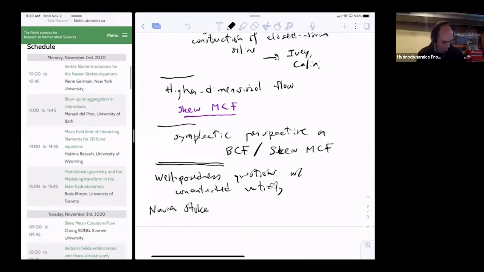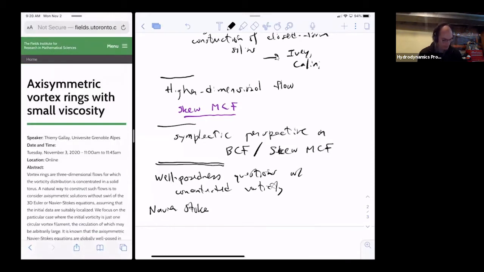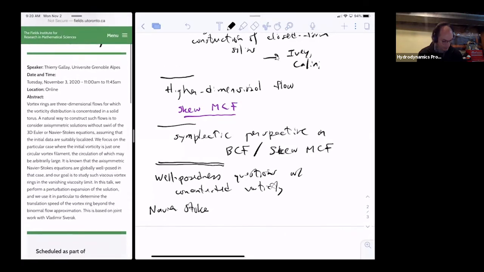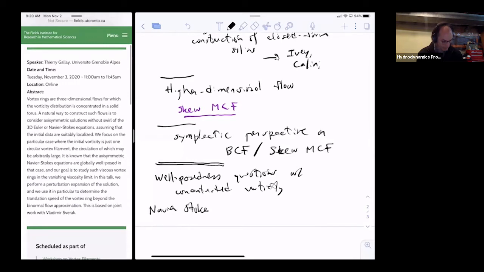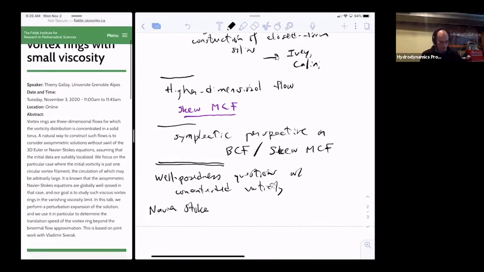What's he talking about? I think it's also Navier-Stokes. Right. And so he's talking about axisymmetric equations. So he wants to use it in particular to determine the translation speed of the vortex string beyond the binormal flow approximation.